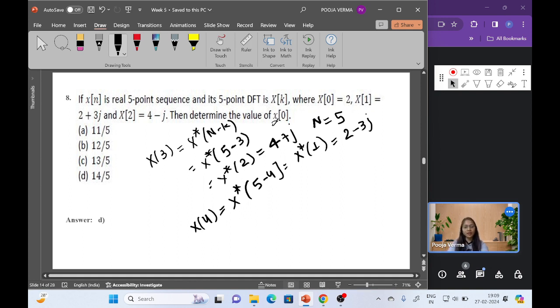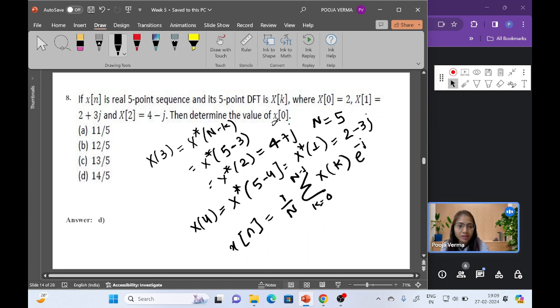So we need to find x of 0. Already you know the inverse DFT formula: x of n is equal to 1 by N summation k is equal to 0 to N minus 1 of X of k e to the power, no, this one is plus, j 2 pi by N k n.